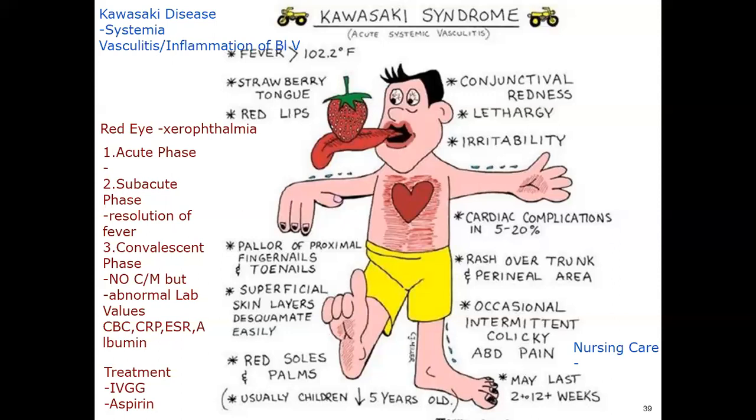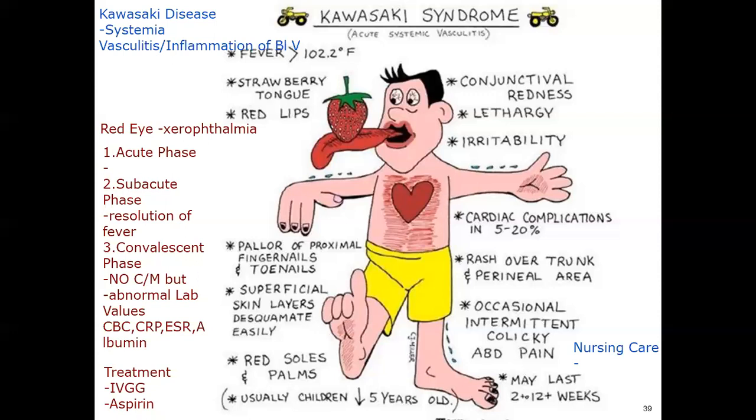Sometimes we see red palm and sole. So here is a red sole, you see in the picture, and red palm is the cardinal sign. If you palpate the lymph nodes, they are enlarged and palpable, including the cervical lymph nodes.